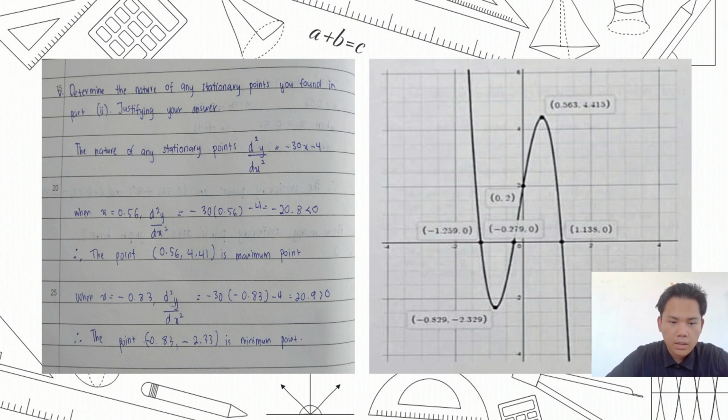When x equals negative 0.83, d squared y over dx squared equals negative 30 multiply negative 0.83 minus 4 equals 20.9, which is more than 0. The point (negative 0.83, negative 2.33) is a minimum point.